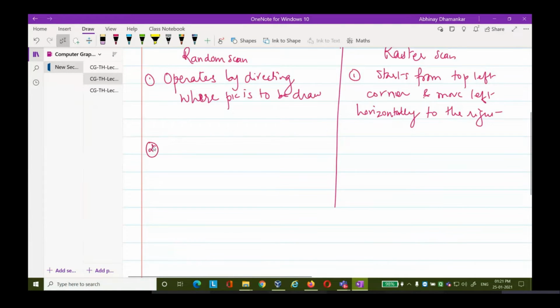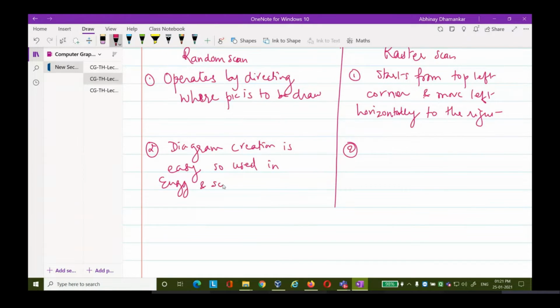Next, second point under this. Diagram creation is easy, so random scan is used in engineering and scientific drawing.